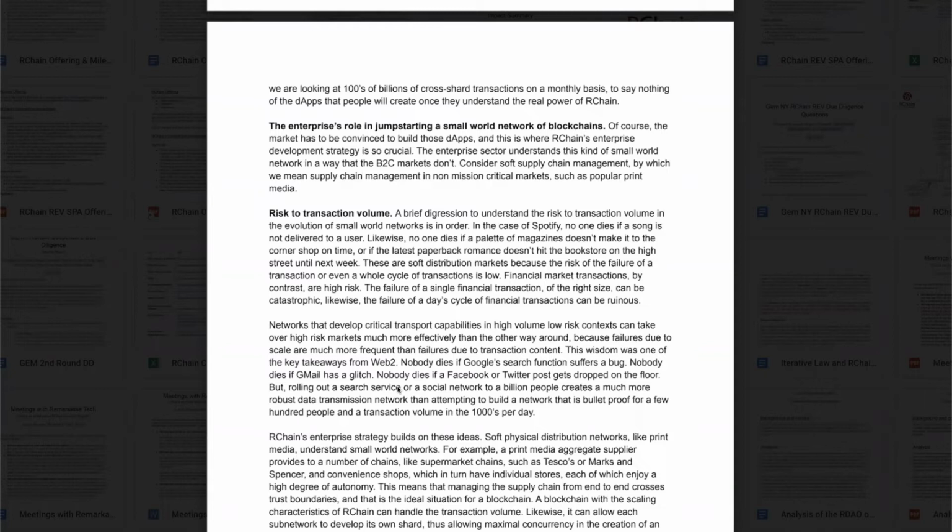This is, in fact, the analysis that I did in 2008 when I sat down with Fred Fisher and we looked at how to go after these kinds of small world networks.